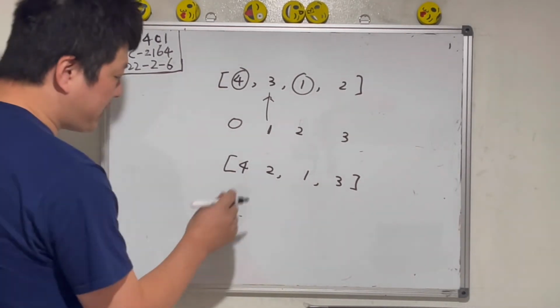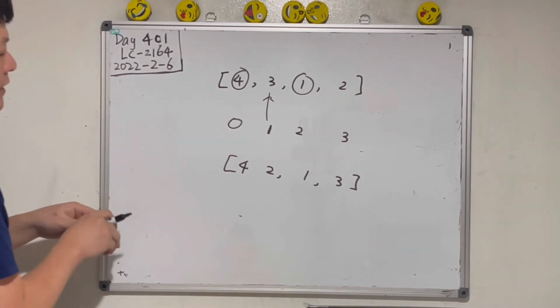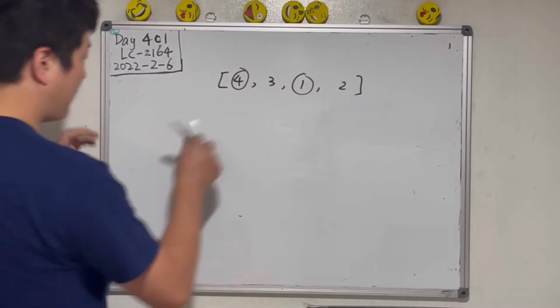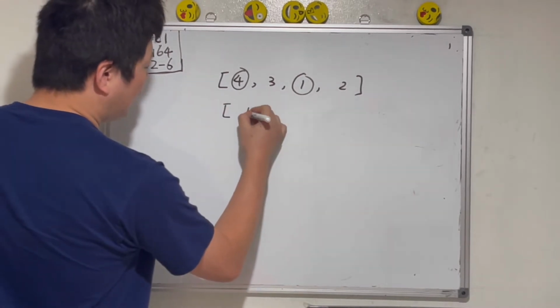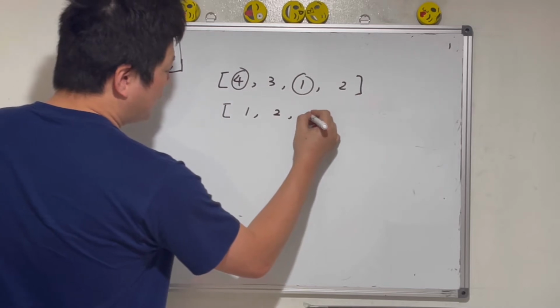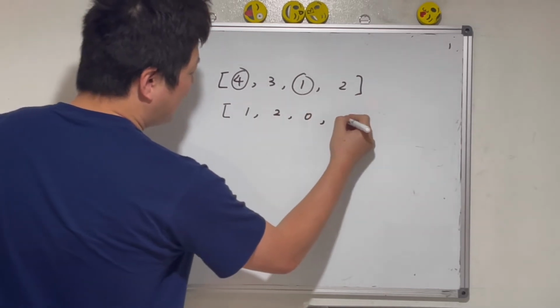Okay, I'm going to give another example. You need to tell me what the array is going to be like after sorting: 1, 2, 0, 5.